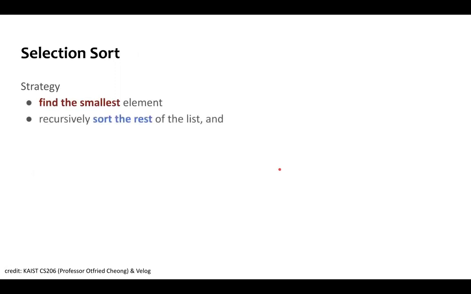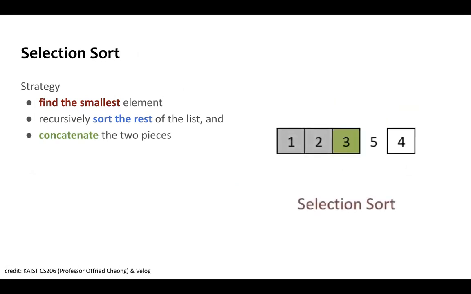All right, firstly, we're going to have a look at selection sort. The strategy of selection sort is like this. We first find the smallest element, then recursively sort the rest of the list and concatenate the 2 pieces, all right? So the logic is like this on the right side.